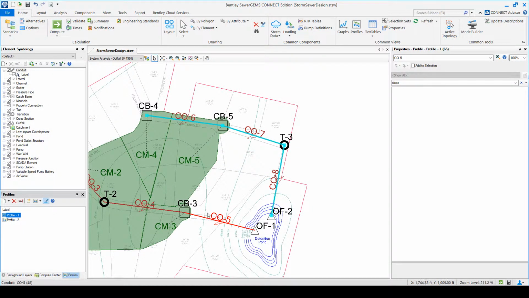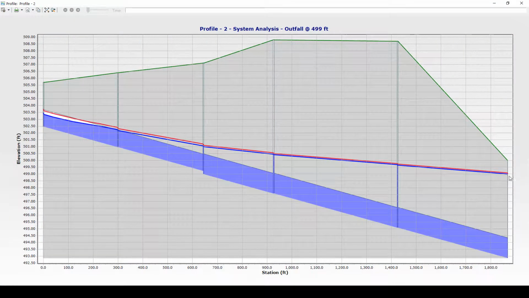Now let's take a look at what happens with our other profile. 499 is right here. So you can see that the first pipe, the second pipe, and basically our first 3 pipes are completely submerged.